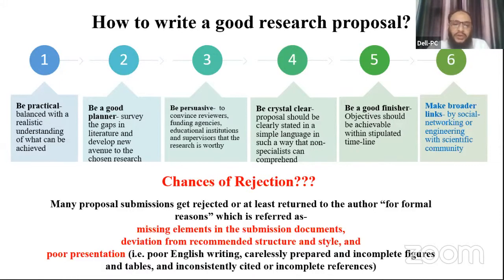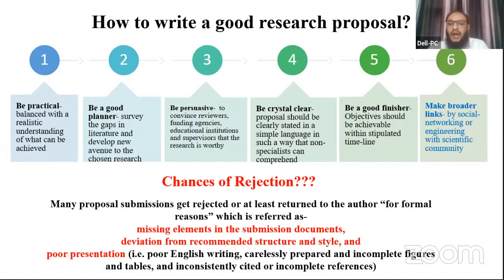Then the third property which we have to develop as a researcher: be persuasive. We have to convince reviewers, funding agencies, educational institutions, and supervisors that the research is worthy. It means we have to convince them that my research is going to have impact and is worthy to be funded. The fourth one is be crystal clear.